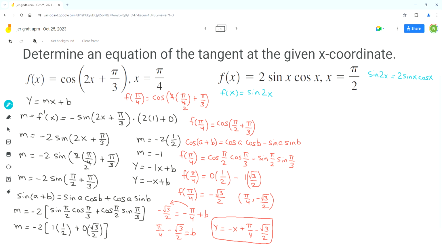Now we have to find the equation of the tangent, and the general equation is, and we can start by finding the slope of the tangent, which is equal to the derivative of the function at x equals pi over 2.